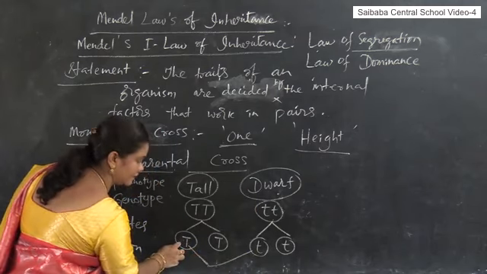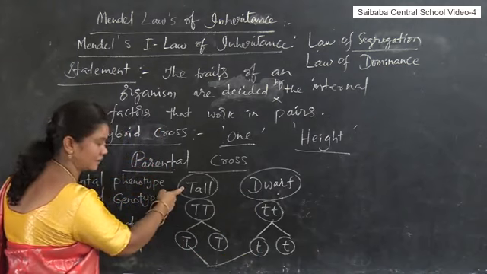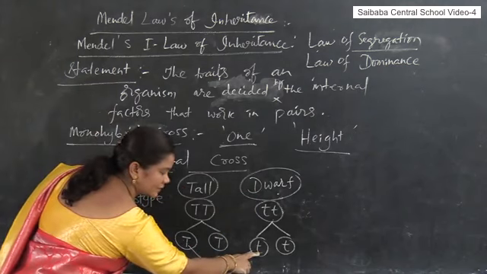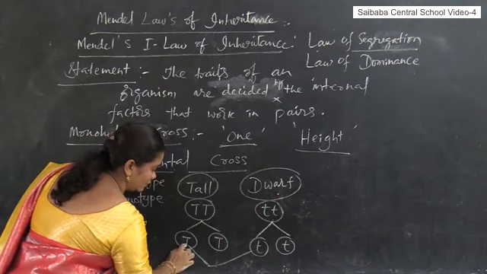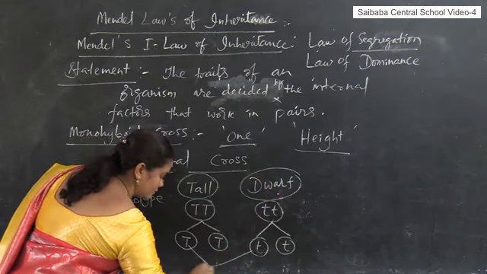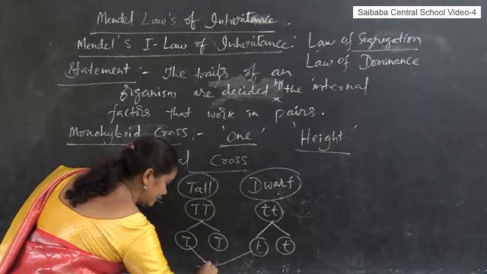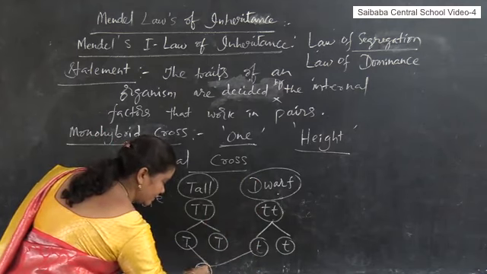Capital T is the male gamete which is contributed by the male tall plant. Small t is the female gamete which is contributed by the dwarf female plant. So fusion of male and female gametes. What happens as a result? Capital T, small t.